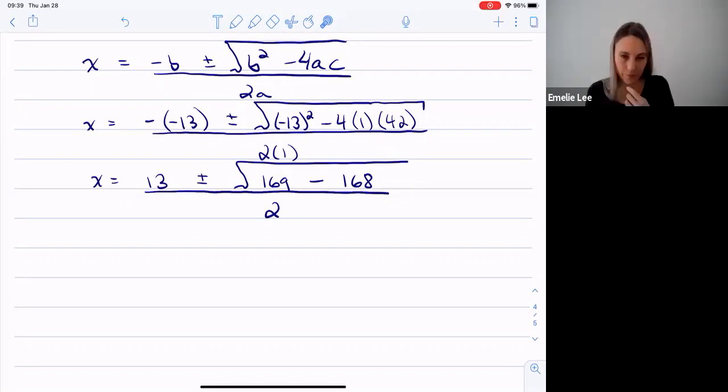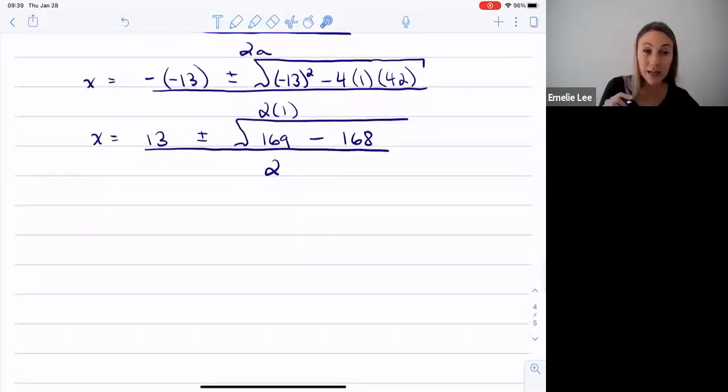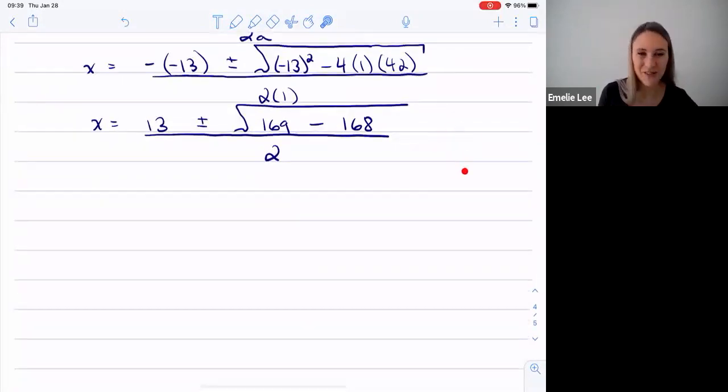Now, what I need you to keep in mind is if you get a negative number here, we can't take the square root of a negative. That's the situation where you have no solutions, which we saw can happen. So if you end up with a negative number here, that's fine, you just have no solutions. I'll make a note of that after we're done this problem, because I didn't leave myself enough space over here to write it.